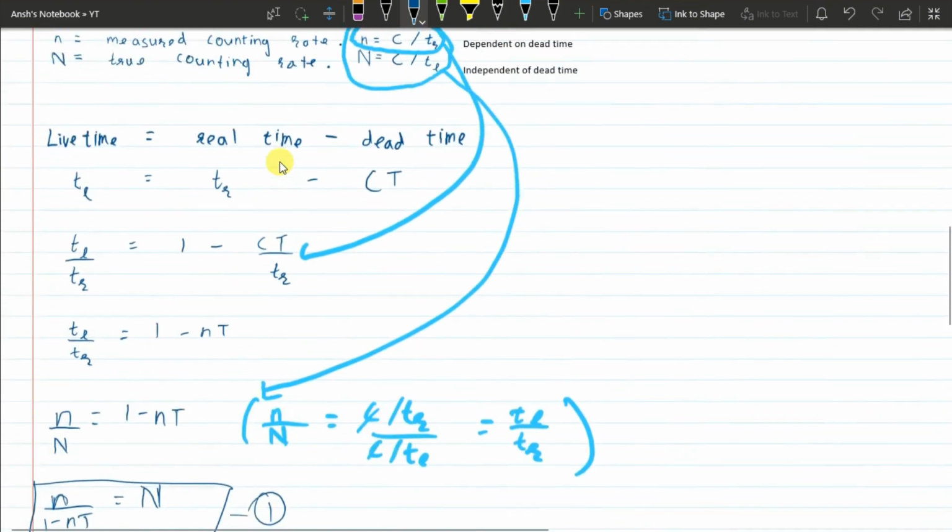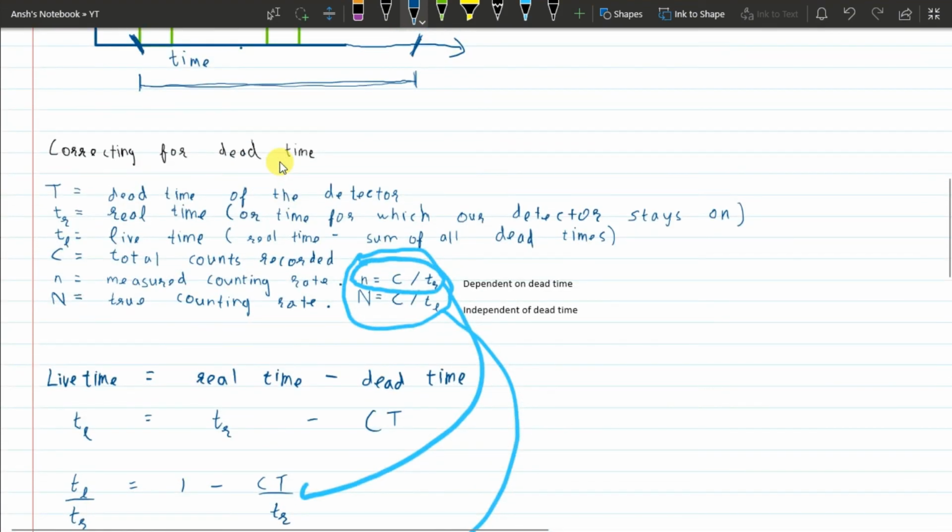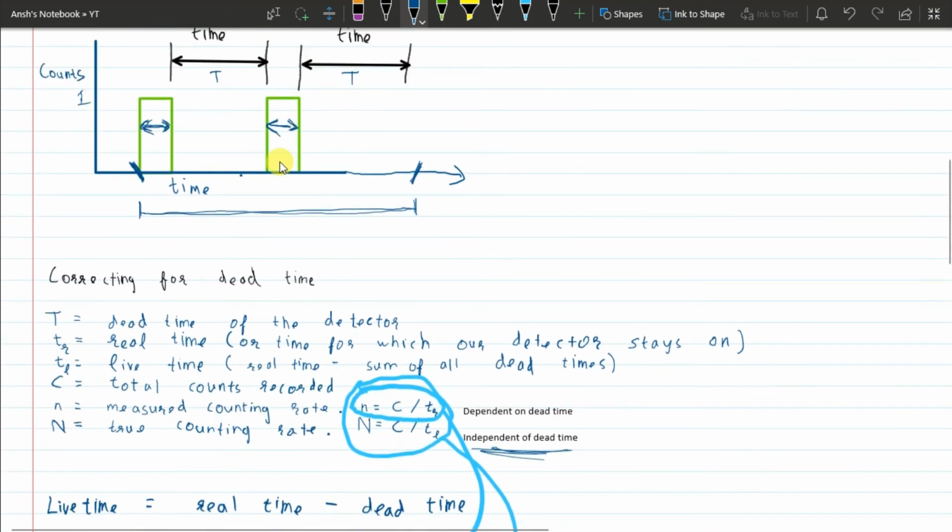Now, capital N has a characteristic that it's independent of dead time, and we know that because it only depends on the number of counts. So let's say you have two counts right here, and then again we'll draw this right here and then this right here. So the capital N only depends on the counts.